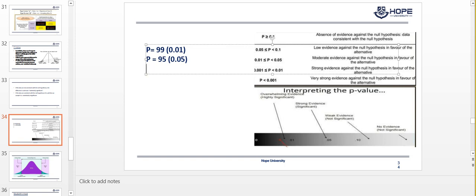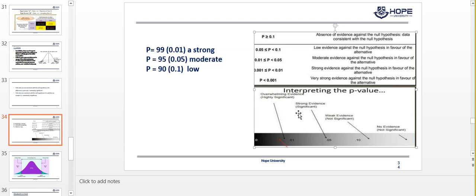If the value is equal to 90%, we should have 0.1. So this is low, this is moderate, and this is very strong or strong evidence, acceptable, very strong evidence, as I think you understand.